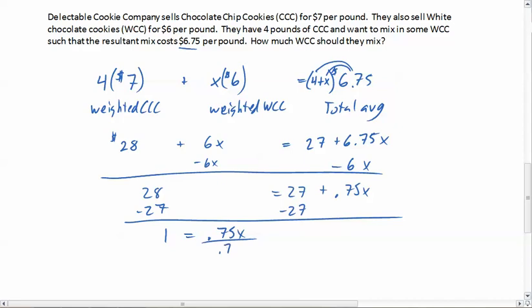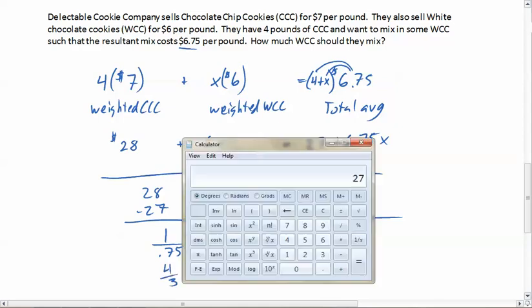We're going to divide by 0.75. If I divide by 0.75, then what I'm going to get is 1 1/3. That's 4/3. If you don't believe me, do it on your calculator. You go 1 divided by 0.75, and you get 1.3333333, which is 1 1/3 or 4/3.